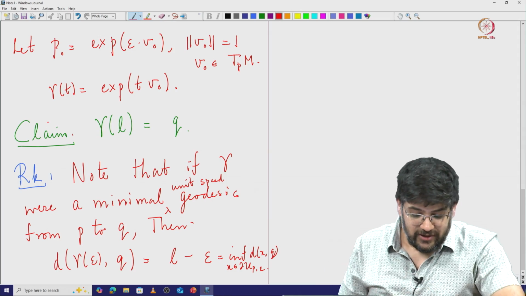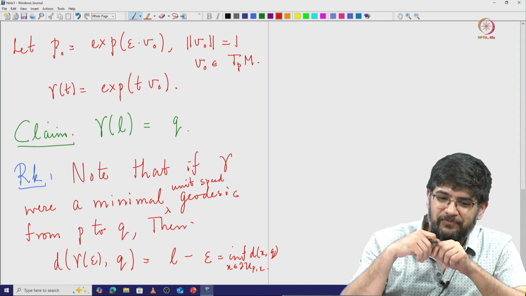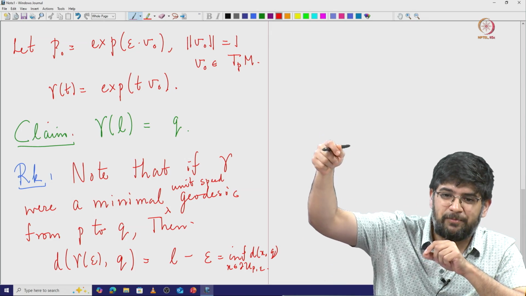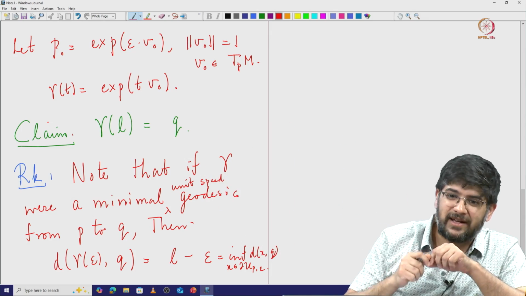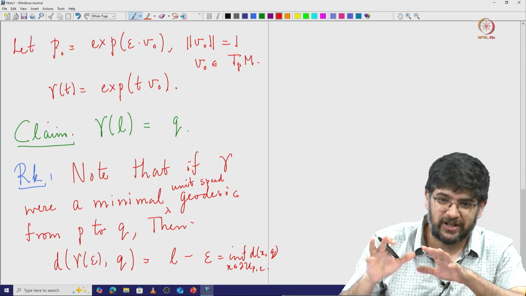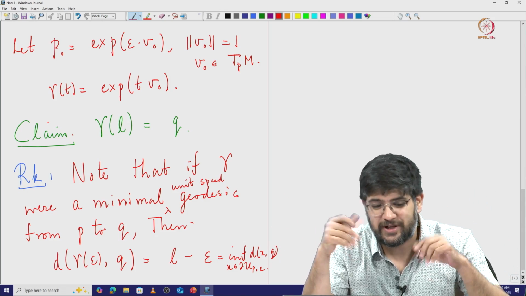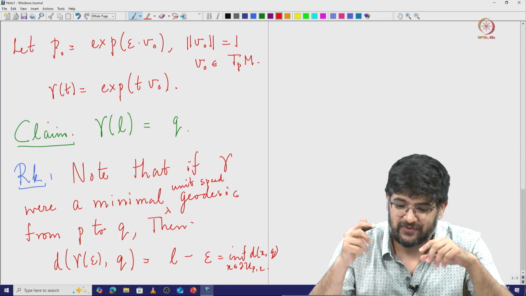So this tells you that your intuition is correct: you look at this point P naught which is closest to Q and then shoot in that direction, because if gamma were a minimal geodesic, then this property would be satisfied, okay.